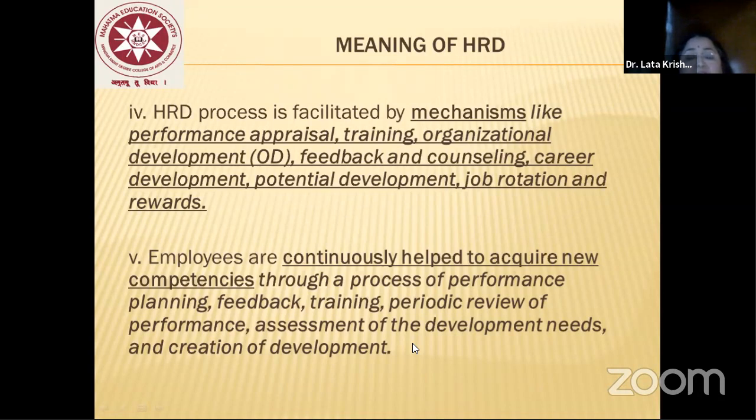The business organization will watch you as a resource and train you and give you feedback and make sure that you can be given new knowledge. So if you're good in marketing, you can move from your accounts department to marketing and you can make a career in that area. So continuously help to acquire new competencies is also one of the aspects of HRD.